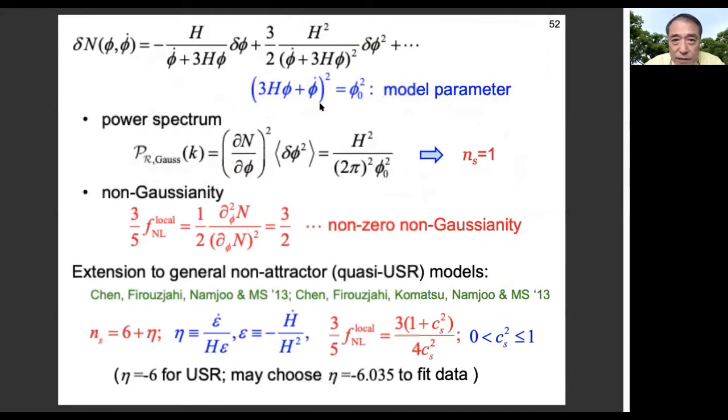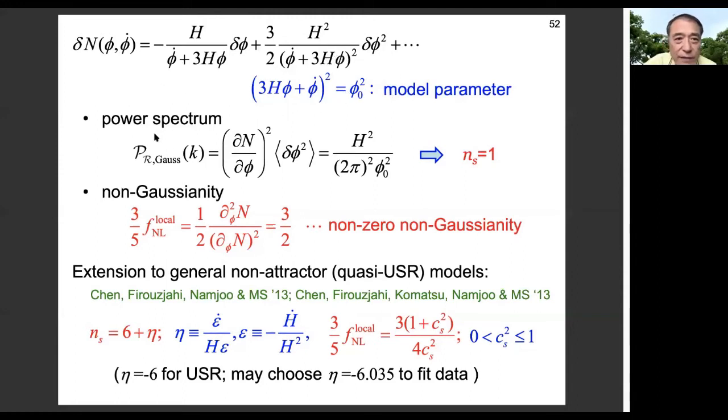By the way, you can easily see from the equation of motion that 3h phi plus phi dot squared is just a constant, and this constant is essentially a parameter of the model. But since number of V4 has virtually nothing to do with it, it doesn't explicitly appear in those expressions. But when you do compute, you can immediately see that this is just phi naught, and this is phi naught squared, and so on and so forth.